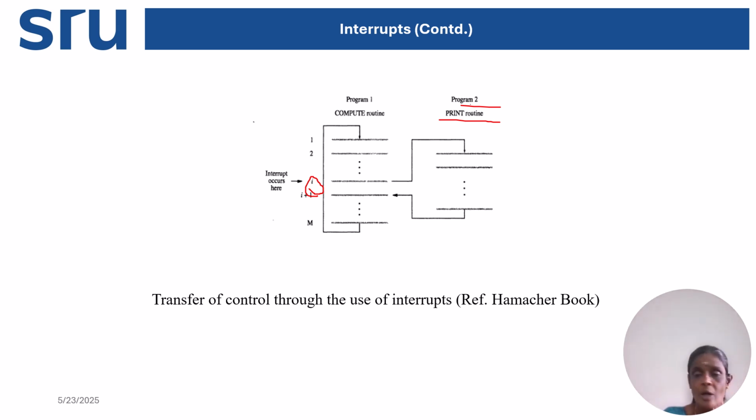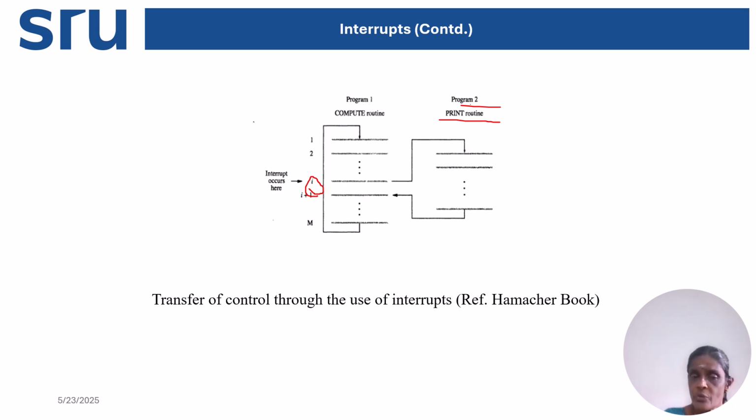In a subroutine, not a printing operation but a small task is performed before coming back to the main program. In the same way, after completing the print operation, or displaying or writing the output in the output device, whatever it may be, it comes back to the main program.